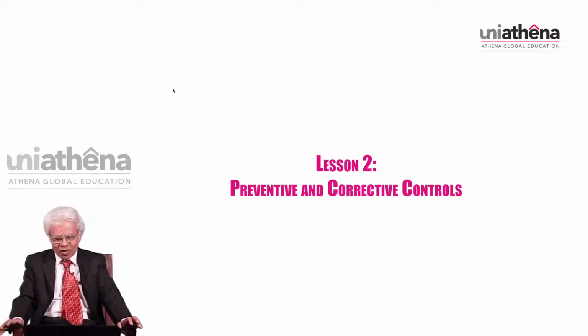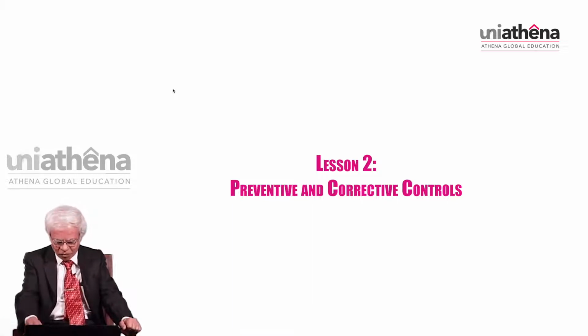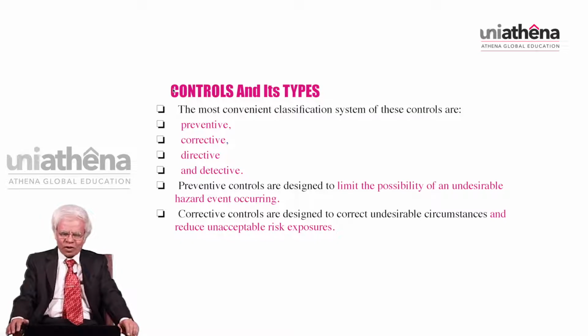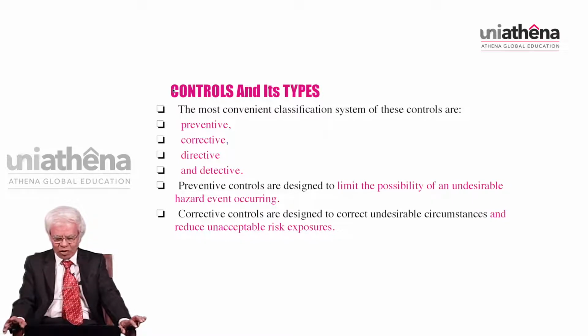There are preventive measures and corrective measures, curative and corrective controls. What are those? They are known as preventive, corrective, directive and detective. Preventive controls are designed to limit the possibility of an undesirable hazard event occurring.